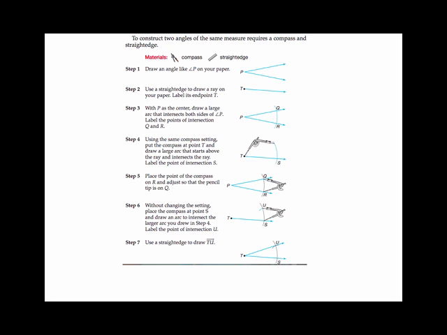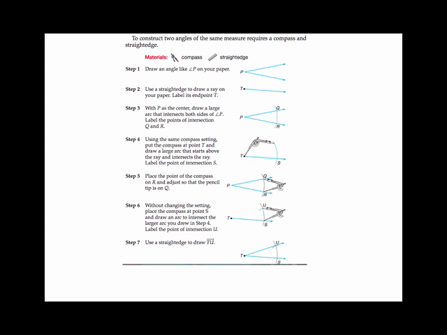Use your compass now. Place the point at the vertex P. Draw a large arc with the pencil side of your compass. This arc should intersect both sides of angle P. Label the points of intersection Q and R. Now, take the compass and leave it at the same setting that you just had it.